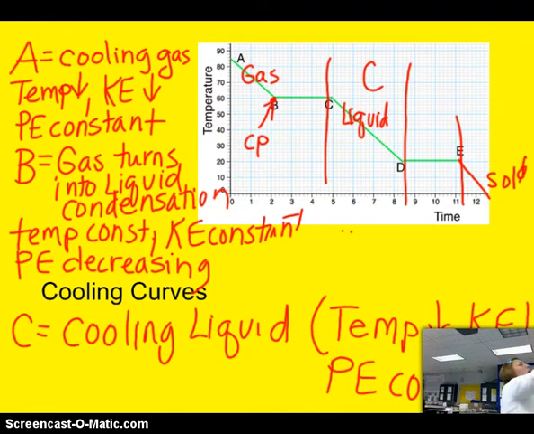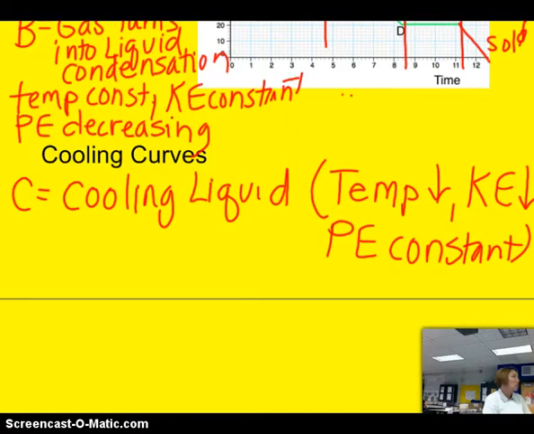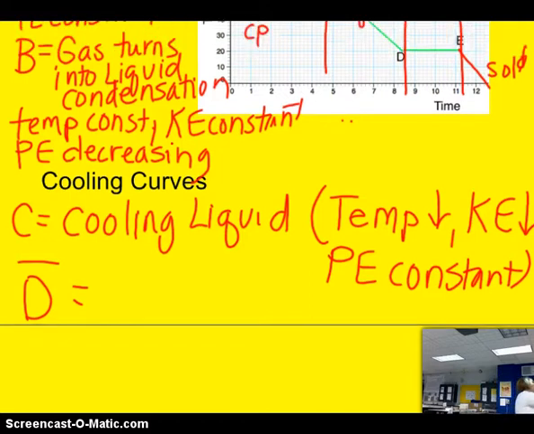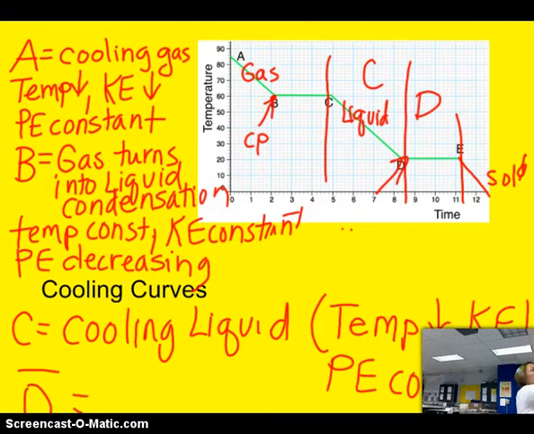Segment D, it's flat. This is your segment D right here. It's flat. What do you think that means? It's a phase change. So for segment D on yours, we cool the liquid, we cool the liquid, we cool the liquid until the liquid begins to freeze. That's our freezing point.